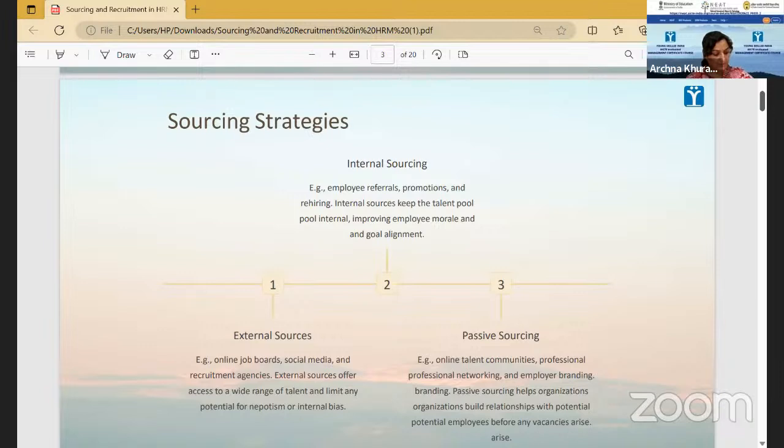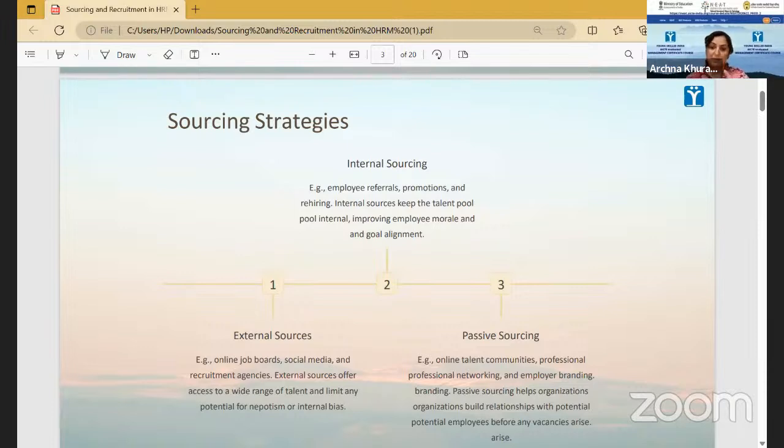Also, passive sourcing we generally do for senior positions, leadership positions. So suppose you have a leadership position for a CEO or any CXO position, and you don't want to go forward directly by putting a job posting out or showing it on LinkedIn or anywhere else. So how passive sourcing happens is you start searching for the right kind of people on LinkedIn or on social media through references.